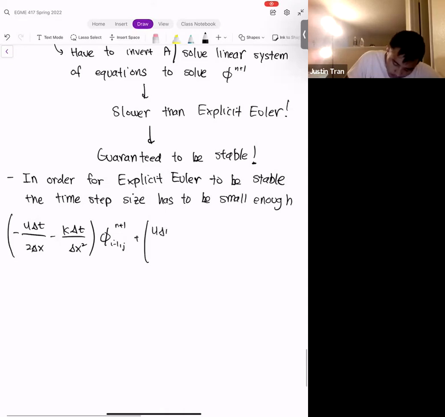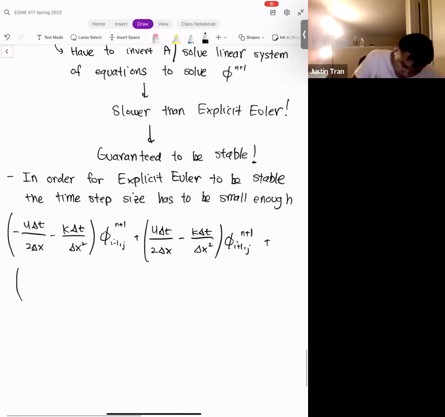Plus a positive u delta t divided by 2 delta x minus k delta t divided by delta x squared. And this is phi i plus 1 comma j at n plus 1. Plus minus v delta t divided by 2 delta y minus k delta t divided by delta y squared.